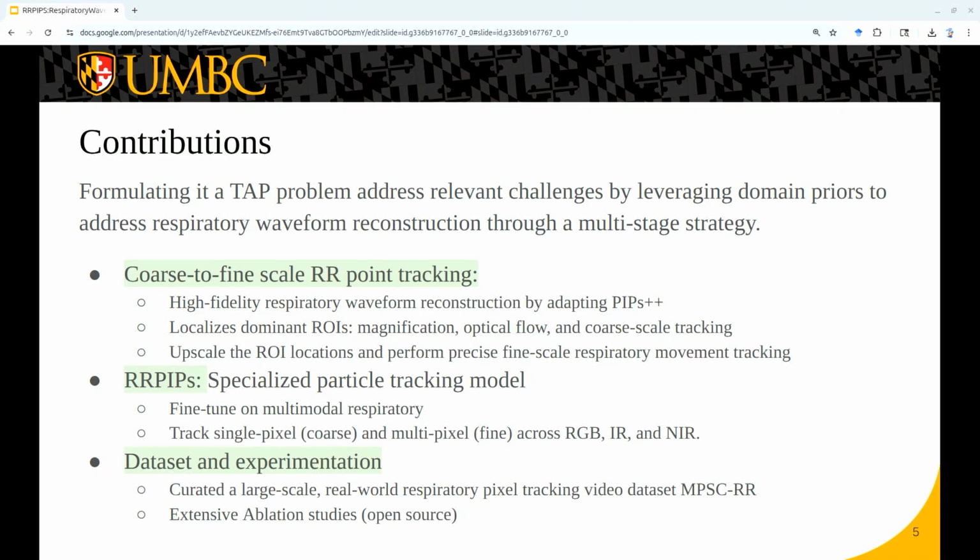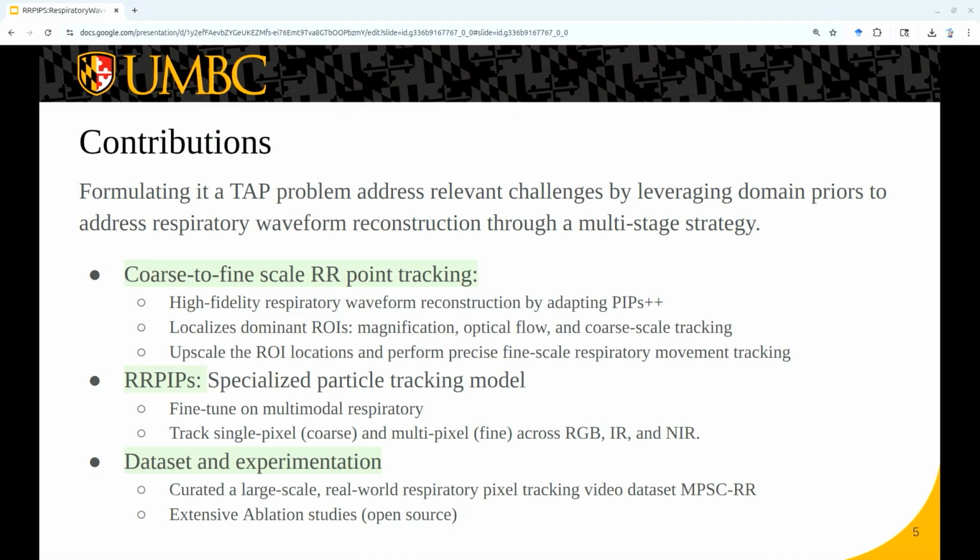So here are our key contributions. First, we formulated respiratory rate estimation as a particle tracking any point problem and investigated domain-specific priors to address the sparse and oscillatory motion problem. Secondly, we introduced a coarse-to-fine framework, which I will discuss later.